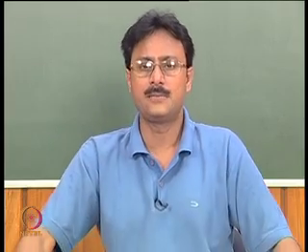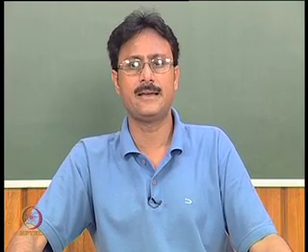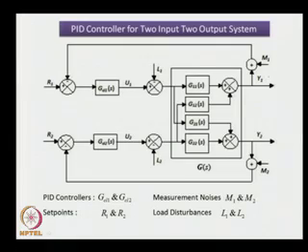Now, how we can make use of the phase and gain margin based controller design for a 2 input 2 output system, that we shall see now. A 2 input 2 output system is different from a single input single output system in the sense that there is no coupling present in the SISO process, whereas there are couplings or interactions between the loops of a TITO system.